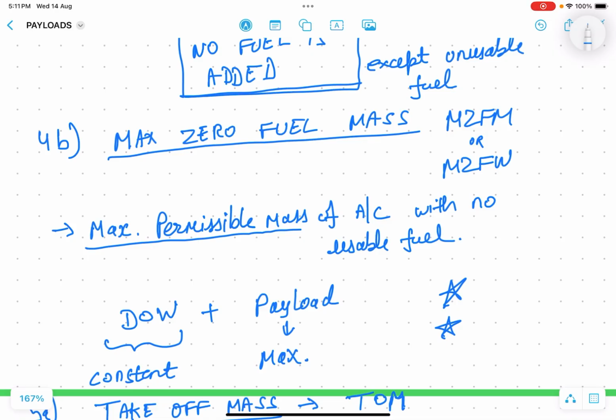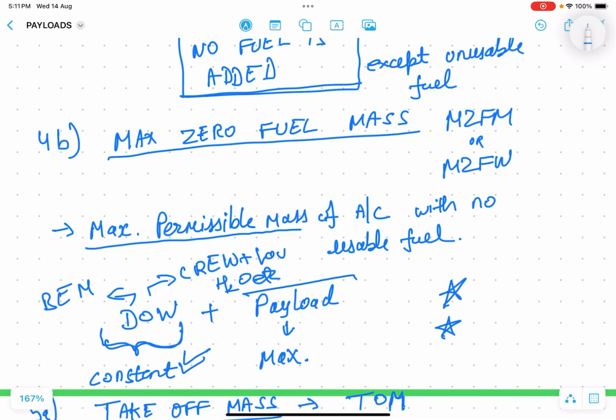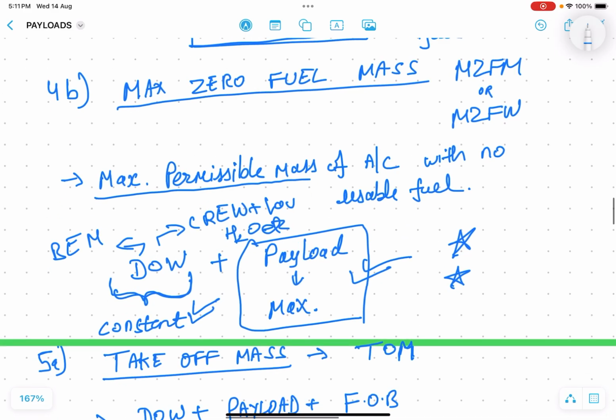So basically dry operating weight has basic empty mass and crew plus lavatory chemicals, water, etc. So we can consider dry operating weight to be constant. So when we maximize the payload or passengers and baggage, we get maximum zero fuel mass.